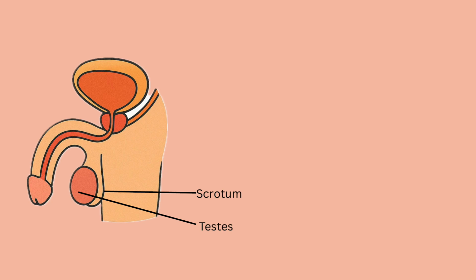It hangs outside the main body cavity, keeping the testes at a slightly lower temperature than the rest of the body. This is necessary because sperm cannot develop properly at normal body temperature. Their optimum temperature is about 2 to 3 degrees Celsius below the normal body temperature. High temperatures could lead to low-quality sperm or male infertility.